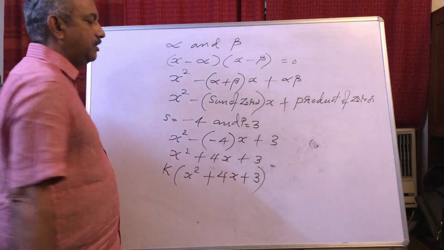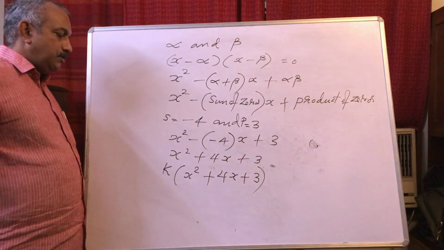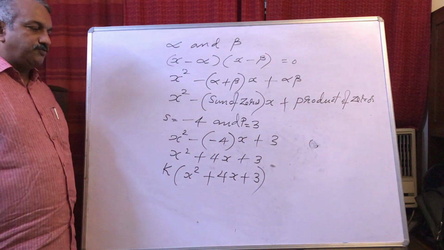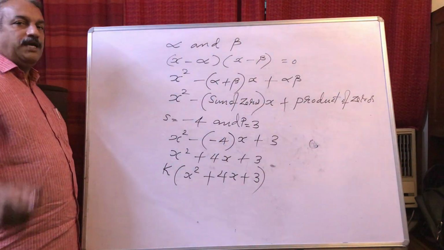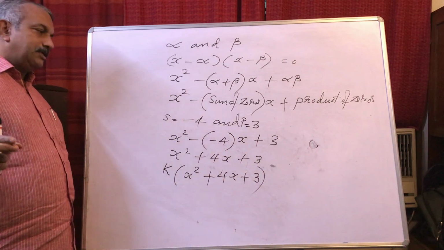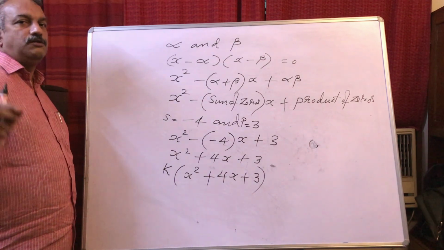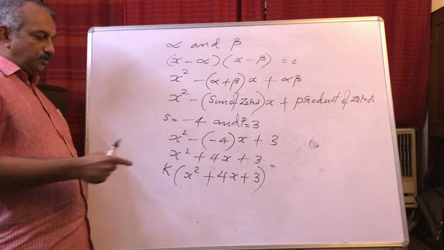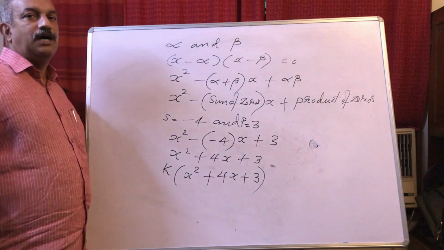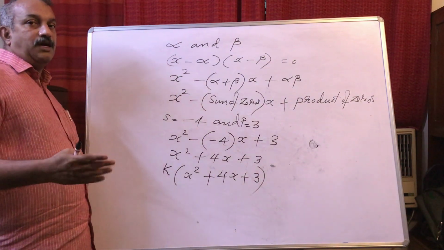Now what is the reason? The reason is, if we multiply x square plus 4x plus 3 by any real number, the zeros will remain the same, and the sum and product of the zeros will remain the same. So if you write x square plus 4x plus 3, you are writing only one answer, but there are infinite answers.